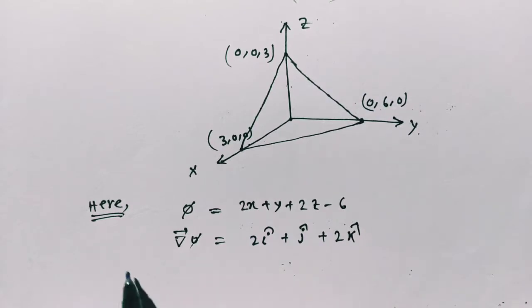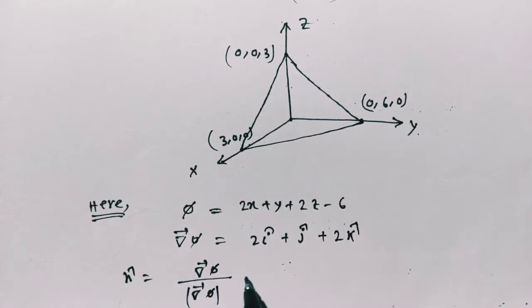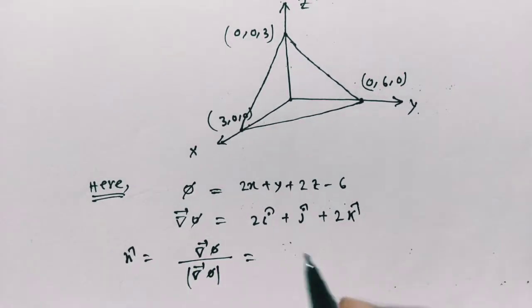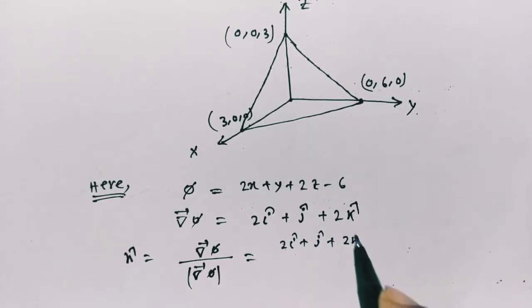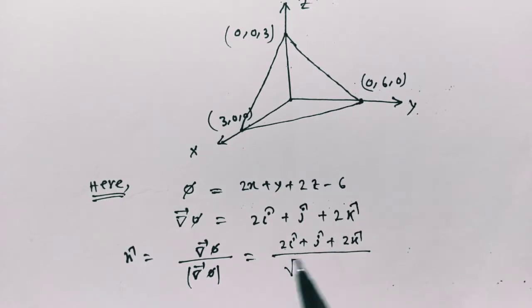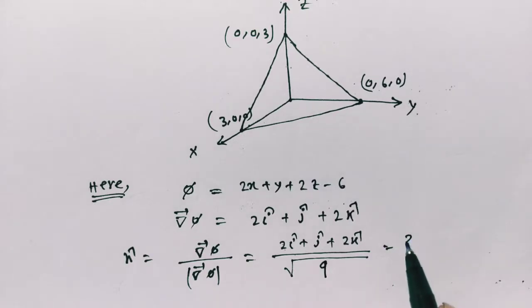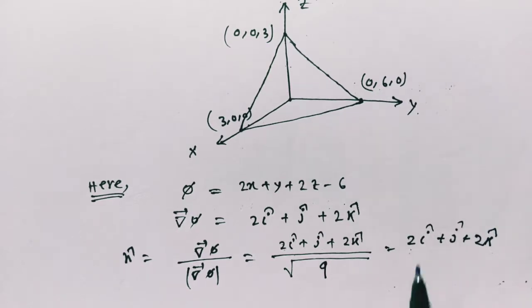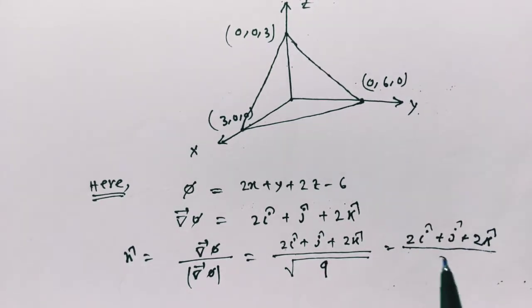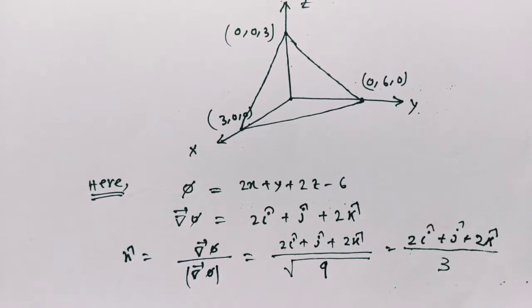So n cap will be grad phi divided by mod grad phi, which is (2i plus j plus 2k) divided by root 9. So it will be (2i plus j plus 2k) divided by 3. So this is our unit normal.